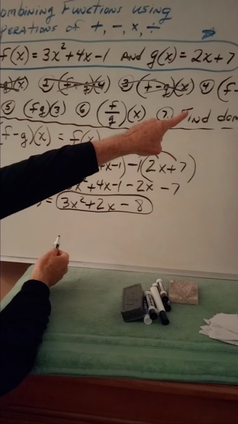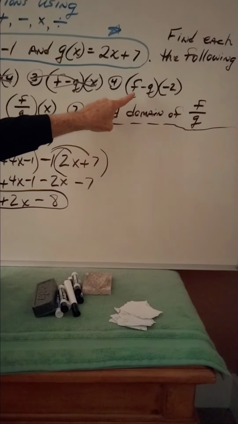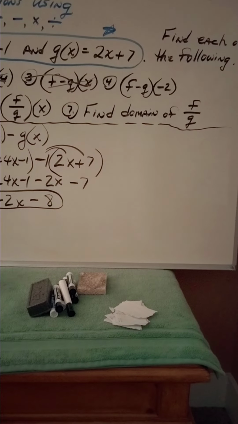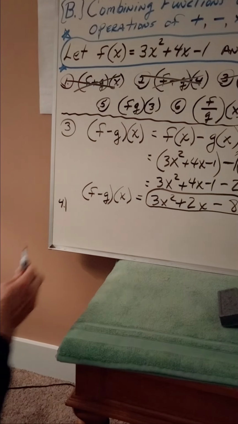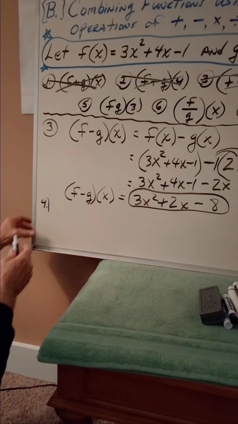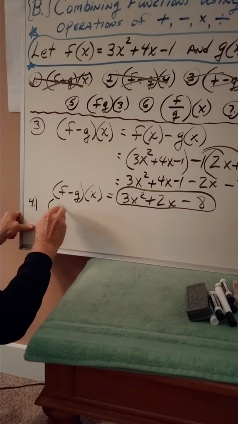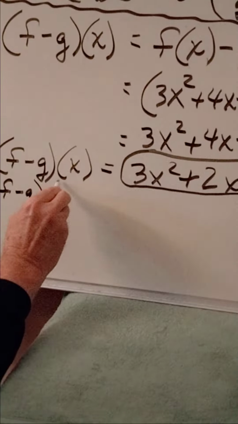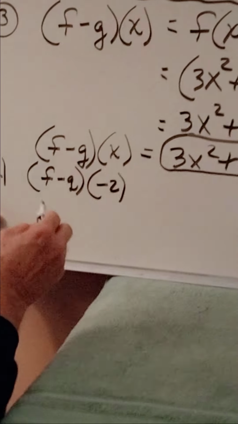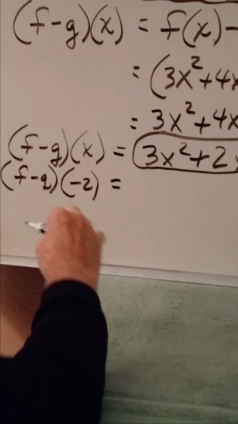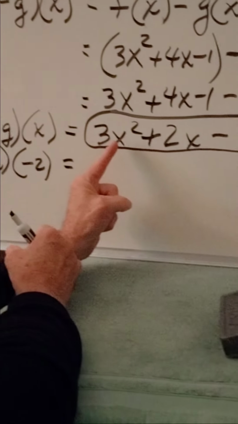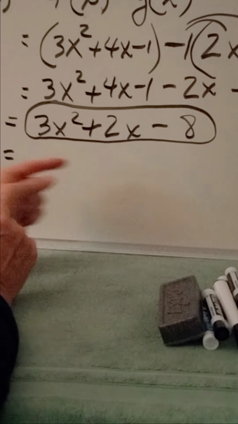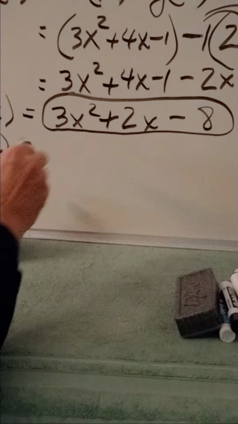Now number 4. It wants us to find the value of f minus g when its domain is -2. So I'll just put a number 4 right here. We'll try to squeeze it in. If I have to put the rest over there, I will. The value of f minus g when the domain is -2 is going to be equal to, wherever we see the domain letter, we're going to get a -2.